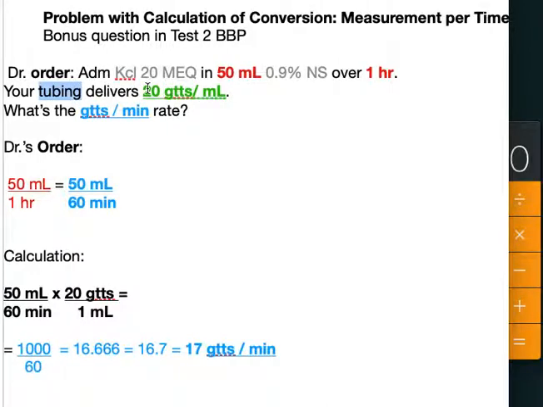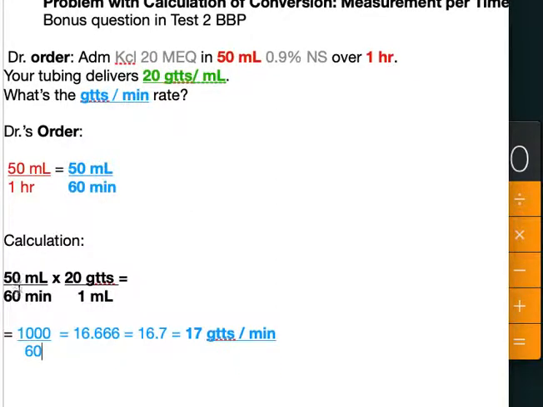The equipment delivers this. So we want to know 50 over 60 times 20 over 1 because it's 20 drops per 1 milliliter. It's like there is a 1 here. And we'll use the multiplication rule for fractions. We'll do 50 times 20, so we are multiplying the numerators.